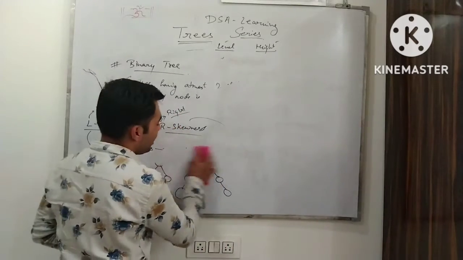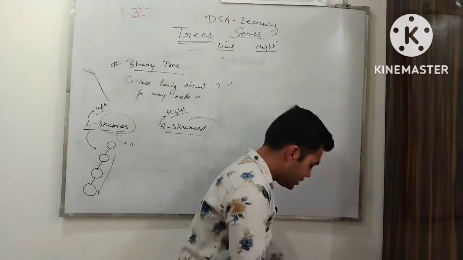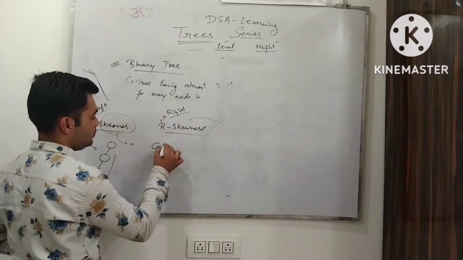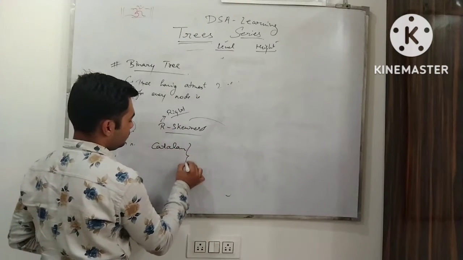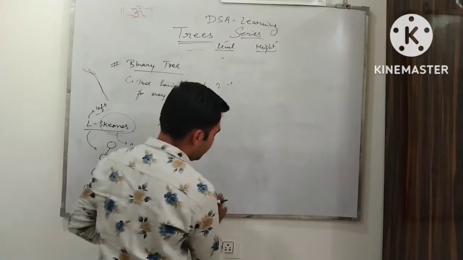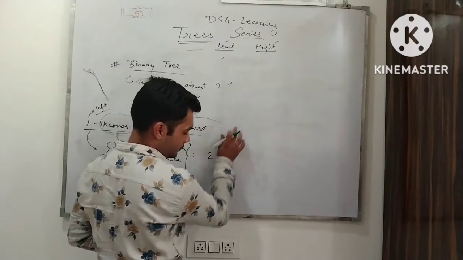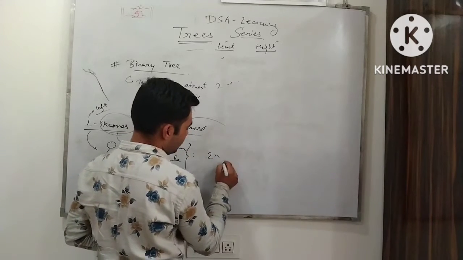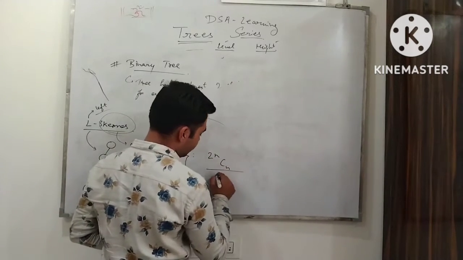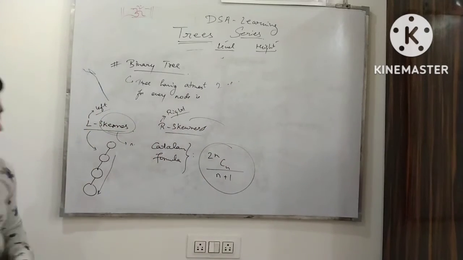For that we have one formula, the Catalan formula. The formula is 2nCn upon n plus 1. Okay, this is the Catalan formula.